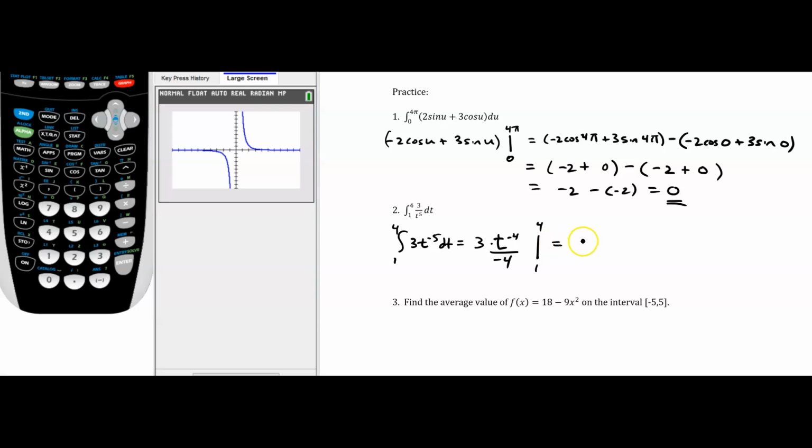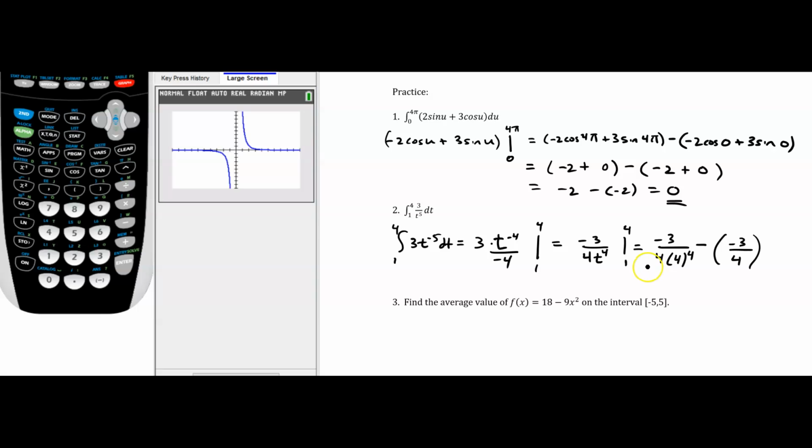So this is equal to negative 3 over 4t to the 4th, as t is going from 4 to 1, or negative 3 over 4 times 4 to the 4th minus negative 3 over 4 times 1 to the 4th, or that'd just be negative 3/4.